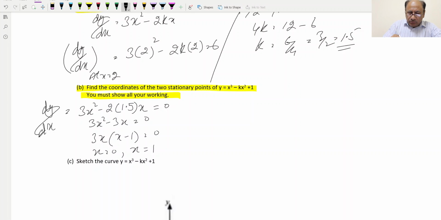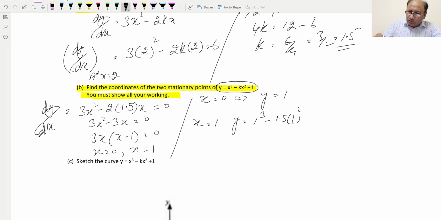Now for x is equal to 0 and x is equal to 1, we can find the values of y. For x is equal to 0, we replace in the equation, and y will be equal to 1. For x is equal to 1, y will be equal to 1 cubed minus 1.5 times 1 squared plus 1, which is equal to 2 minus 1.5, which is equal to 0.5 or 1 by 2.